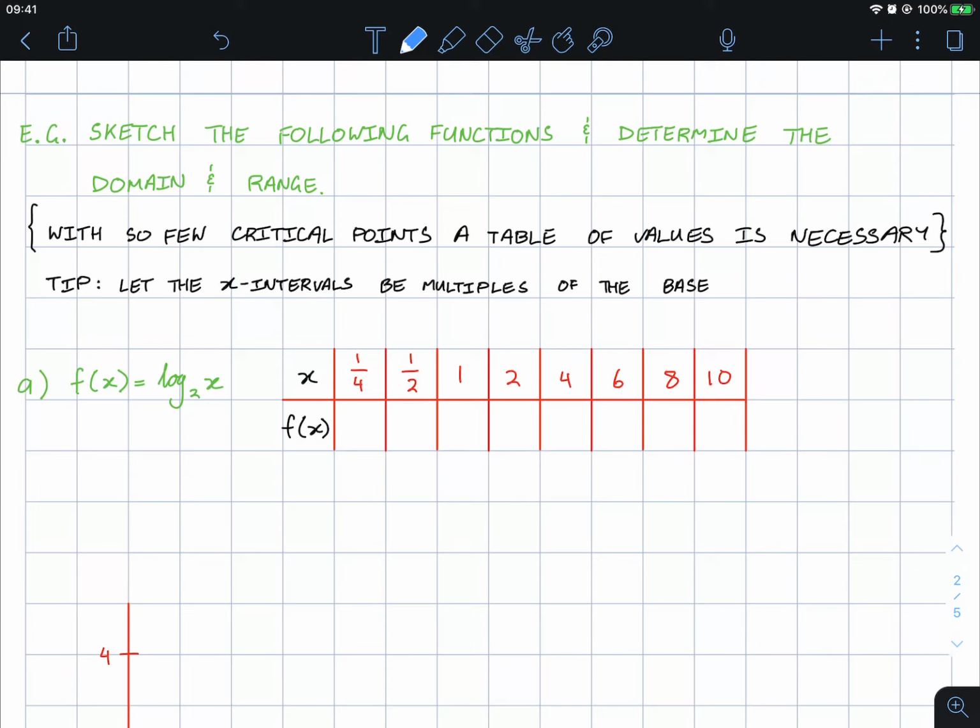And even with numbers less than 1, it should still be factors of 2, so half, quarter, etc. So if this was log base 3, this would be 1, 3, 6, 9, 12, 15, etc. And the same going backwards, so this would be a third, this would be a sixth, and so on. So let's demonstrate how we might graph this.